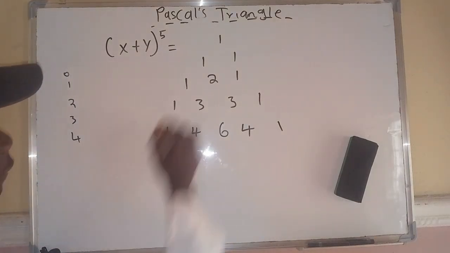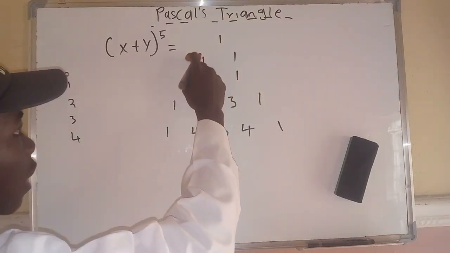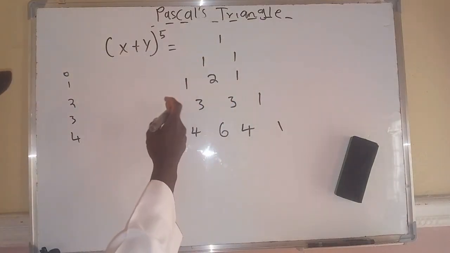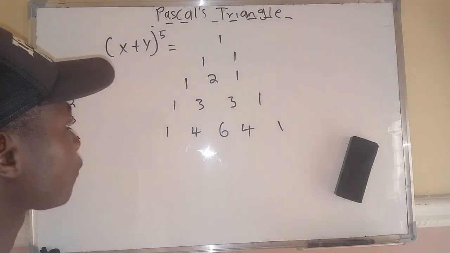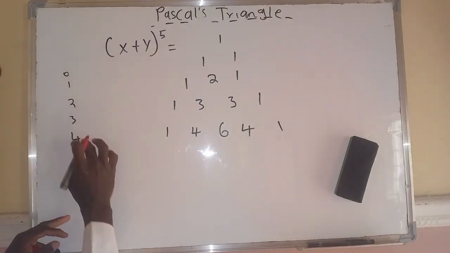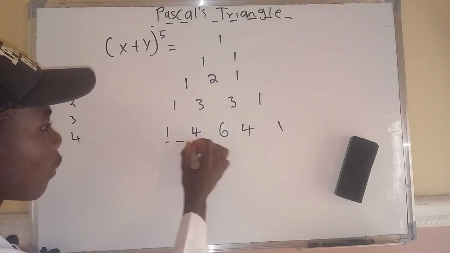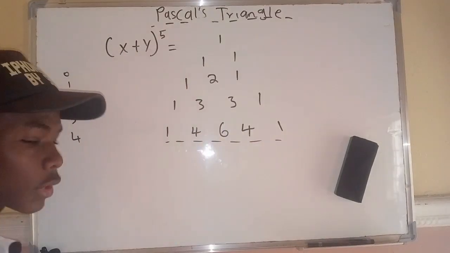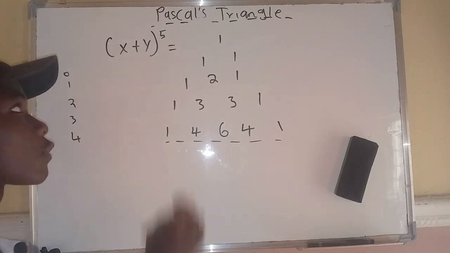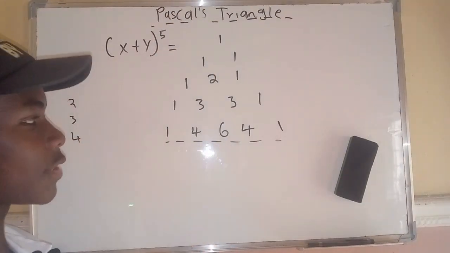So we have already found for raised to the power of 0, 1, 2, 3, and 4. So 1, 2, 3, 4, 5. You can use these numbers to solve this kind of question if you are asked to solve using Pascal's triangle.